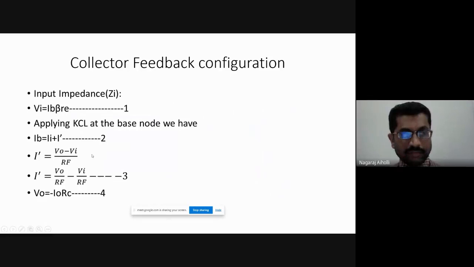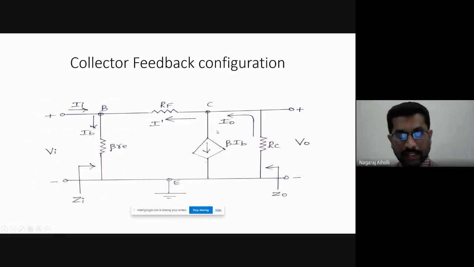Then let us find out I dash here. This is I dash. This is the output voltage V naught, positive to negative, so it is negative to positive plus V naught. Then current entering positive, current leaving negative, minus I dash RF. Then here positive to negative VI, minus VI is equal to 0.